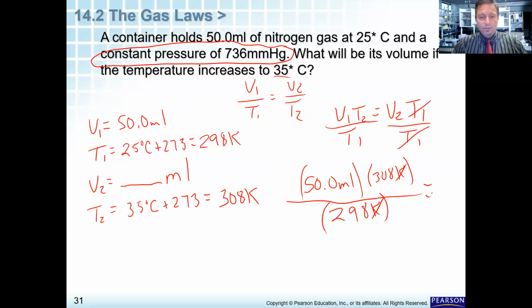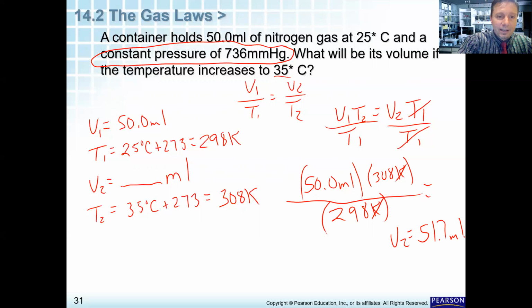So I'm in milliliters. So I go 50.0 times 308, and I'm going to divide that by 298. So I need to have three significant figures. Everything I have is in three significant figures. So 51.7. So my V2 equals 51.7 milliliters.